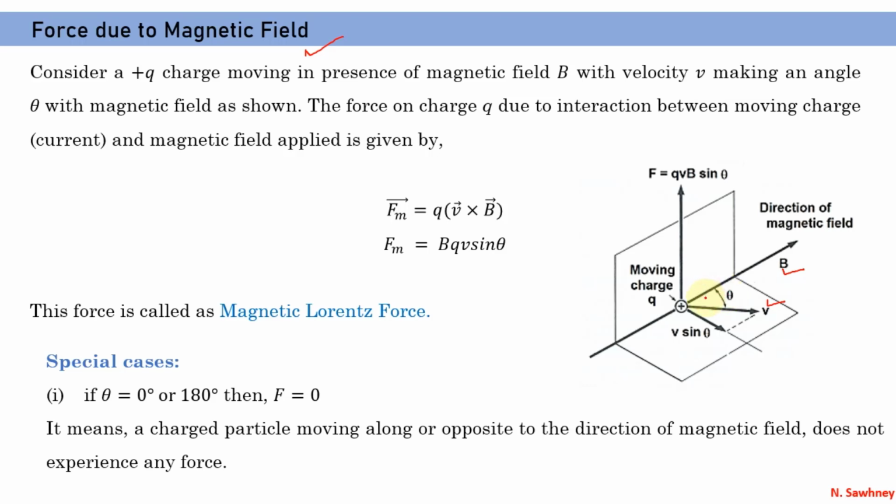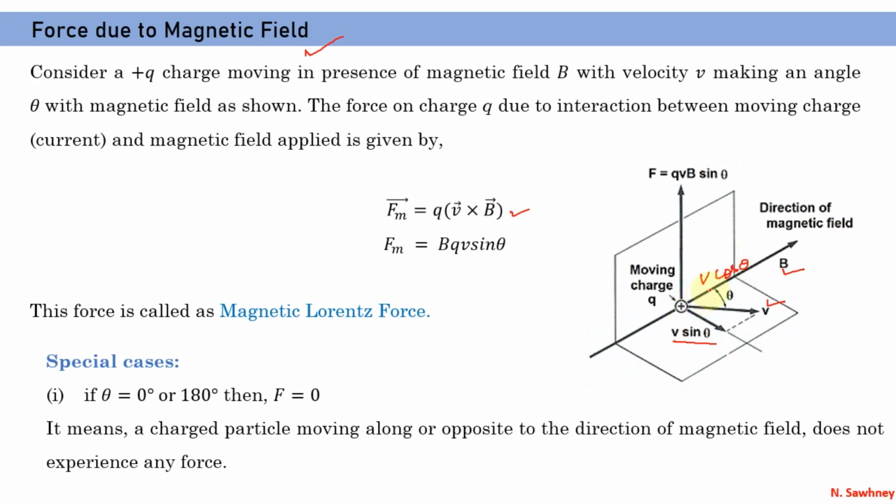The force on the charge Q due to interaction between the moving charge, that is current, and the magnetic field applied is given by Q into V cross B. As the velocity vector is making an angle theta with the magnetic field, we are resolving this velocity in two components, that is V sin theta and V cos theta.